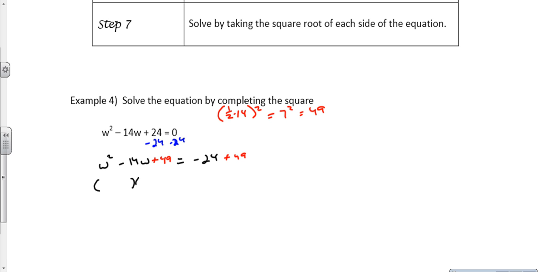On the left side, I now have a perfect square, so I can factor it. Factors of 49 that add up to negative 14, so negative 7 and negative 7. On the right side, we get negative 24 plus 49. We get 25. This left side is a perfect square, which means I can rewrite it like this.